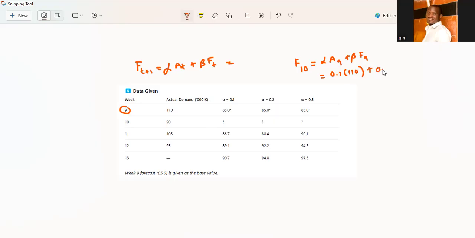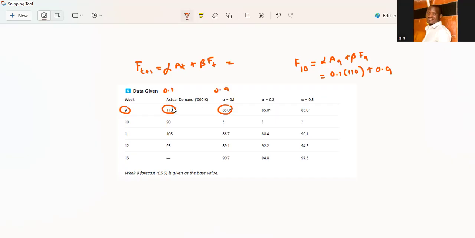So we put 0.9 multiplied by the forecast of that particular period, which is 85. What you are actually doing in simple terms is you put 0.1 here and the remainder, which is 0.9, here.